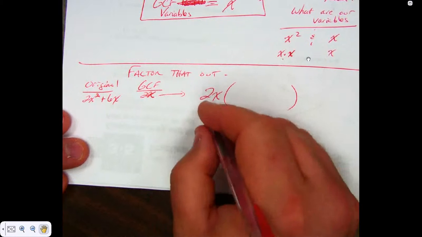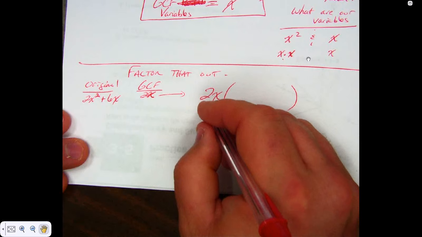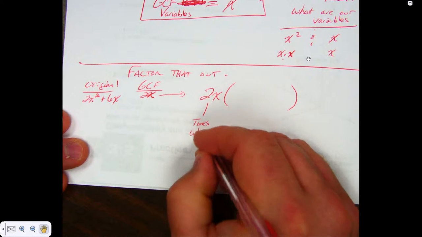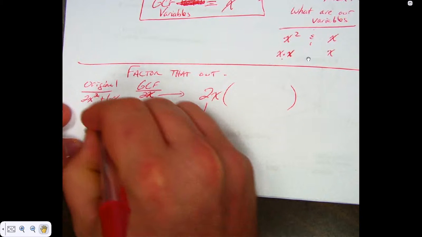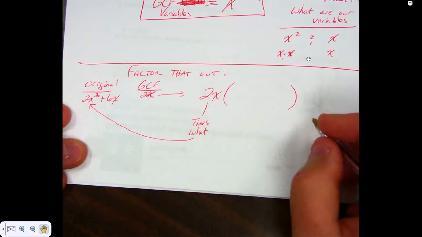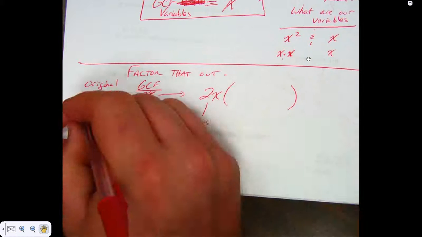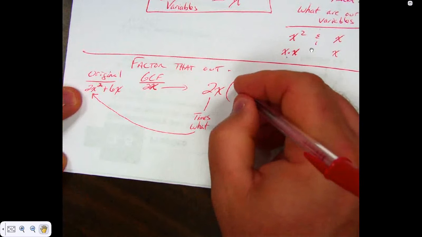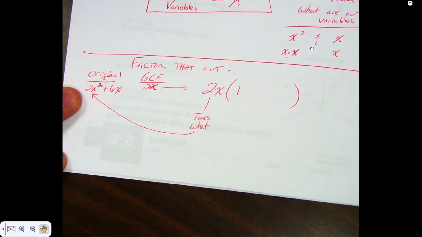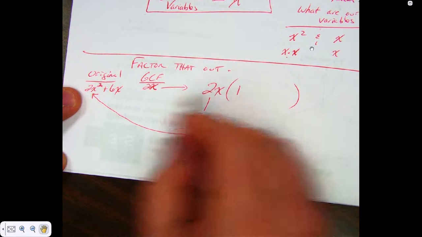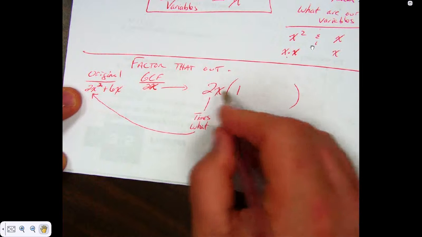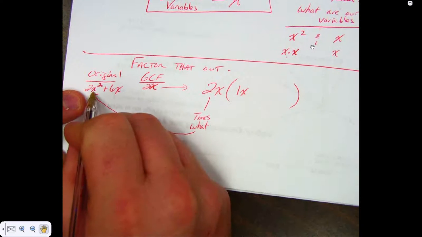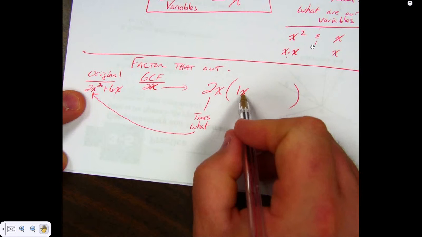And what I say to myself is 2x times what equals that? 2 times what is 2? 1. So you see how when I multiply through, I get that, don't I? X times what is x squared? I factored out one of those x's, leaving one of them inside. That's what's left, right?